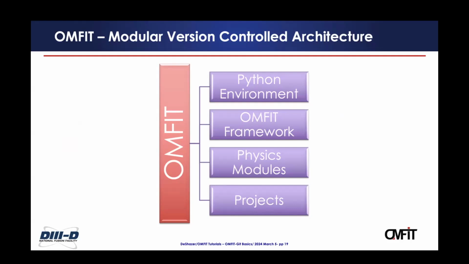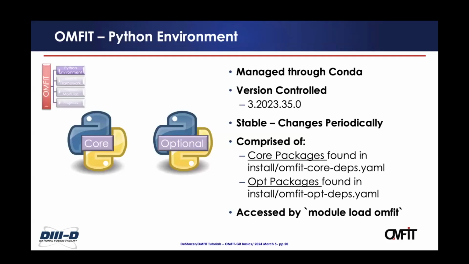Then you have your physics modules, which is probably what you're more concerned about. And in the series, we're going to talk more about the physics modules and less about core concepts. But by separating these, it's going to make things easier. And then finally, the project. The project is really where you interact with the analyses that you want to do. And by separating them, you're going to get some benefits.